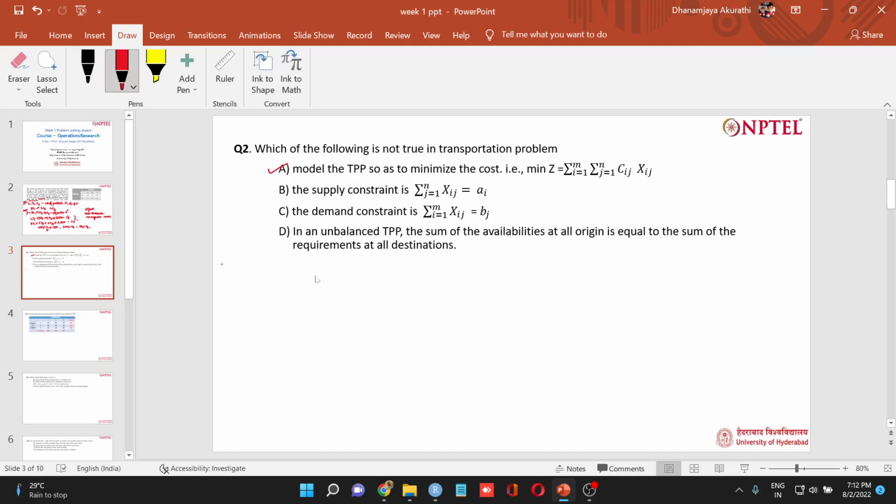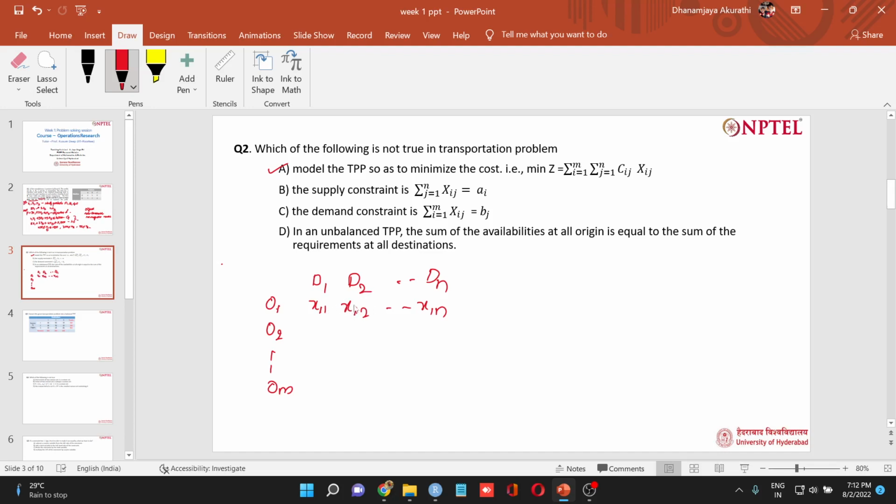Suppose we have destinations d1, d2 and so on up to dn, and origins o1, o2 and so on up to om. There are m origins and n destinations. Here x11 is the quantity transported from origin 1 to destination 1, and similarly x12 is the quantity transported from origin 1 to destination 2.